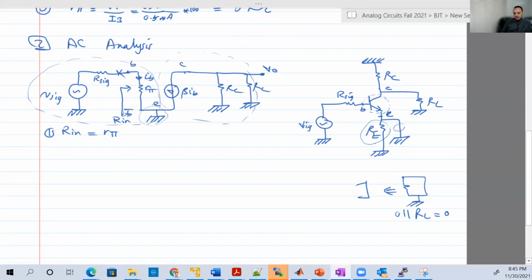So they don't affect each other. Okay. Number 2, so you can just remove that part away. So our input is just R pi.